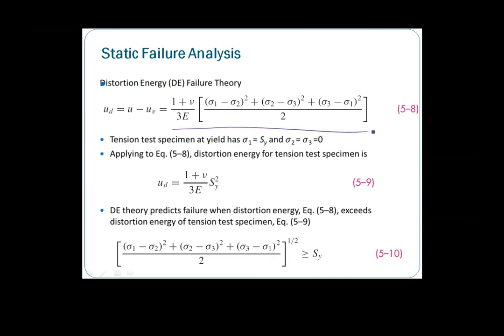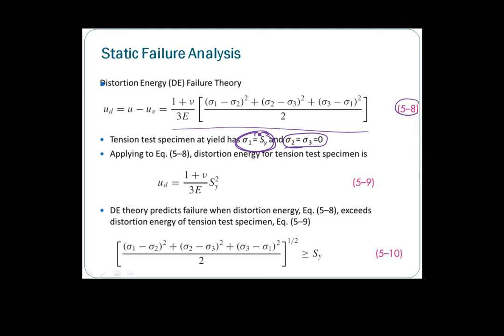The tensile test basically tells us that at yield, when your maximum sigma 1 equals Sy, sigma 2 and sigma 3 are 0. So when sigma 1 equals Sy, then it failed.